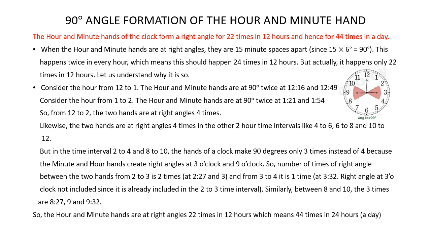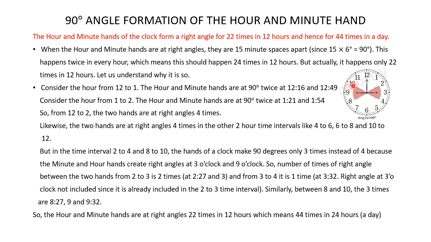Now let's consider the 2-hour time interval from 8 to 10. Now between 8 and 9, the two hands of the clock are at right angles 2 times. Once at 8:27 and the next time at 9 o'clock.